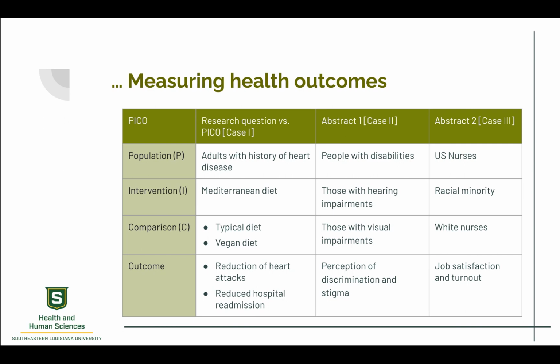And then in case three, we are trying to figure out whether race plays a role in job satisfaction. And we're doing that by measuring the different rates of job satisfaction between white nurses and ethnic minority nurses. So that is basically, outcomes are measuring something.